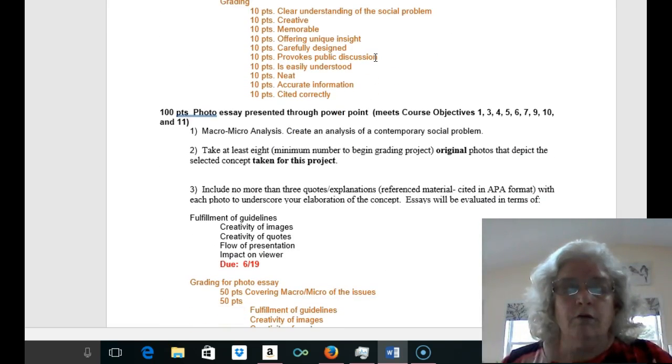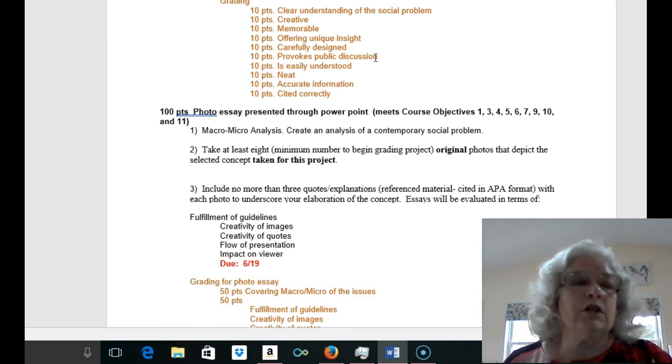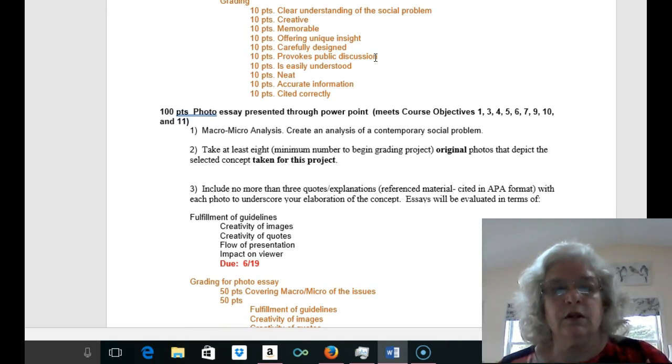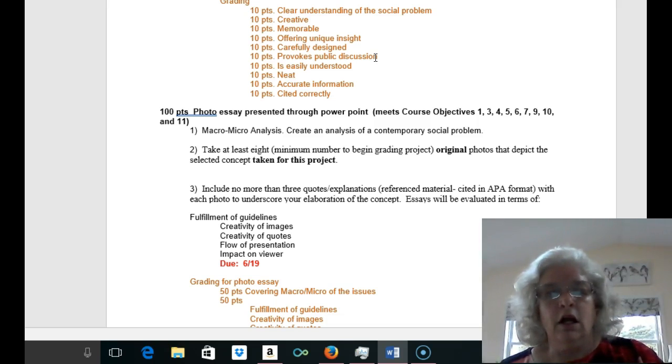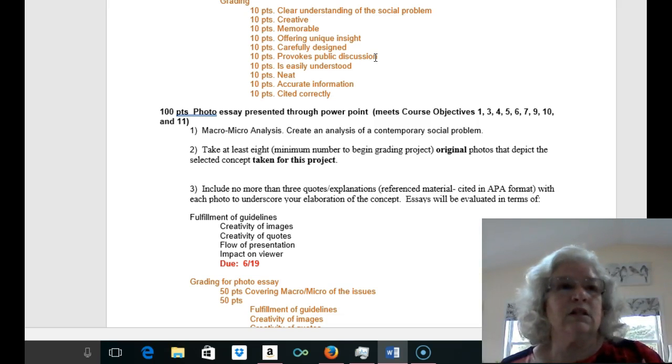The photo essay is your second project, and I'd recommend that you think about this very early. You can use the same social problem you use for your poster or another social problem, and you're going to create a photo essay where you've gone in the community for this class with sociology in your mind to create an analysis of a contemporary social problem.